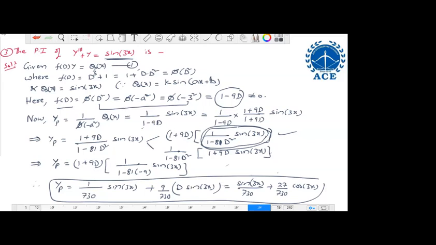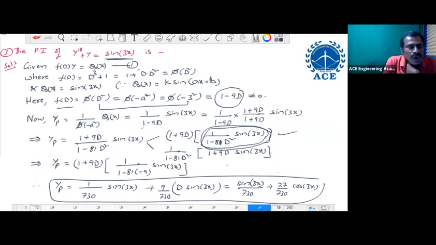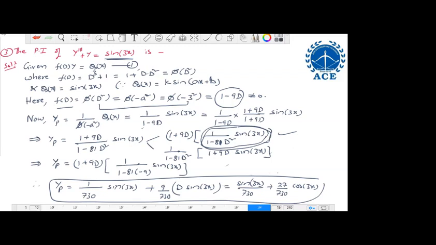You can directly put the value and get the answer. If you want to integrate, you can integrate, or we can substitute minus a square value in place of D square. We can do this problem by the integration method or by substitution. Any one we can do. You will get the same answer.